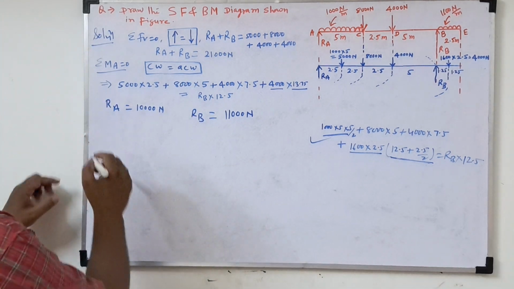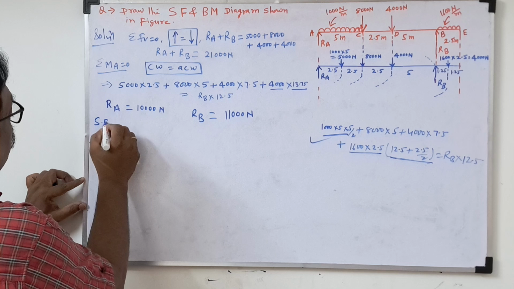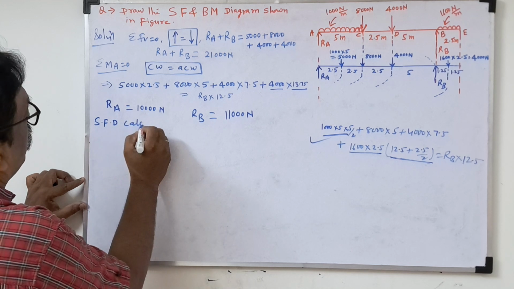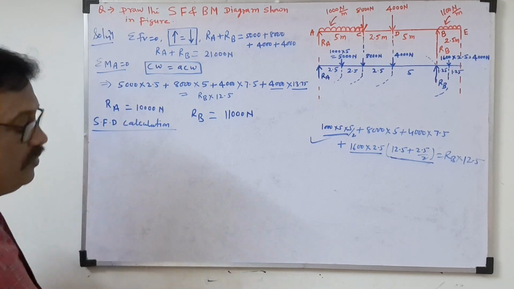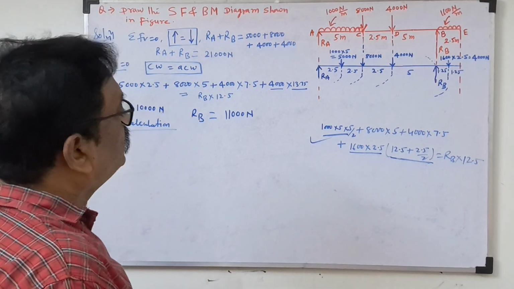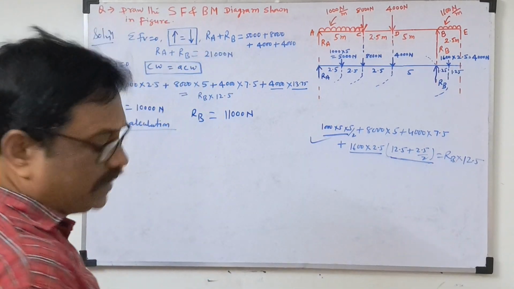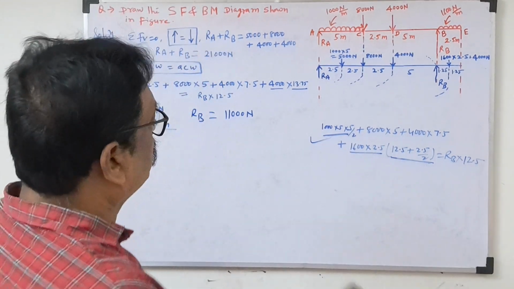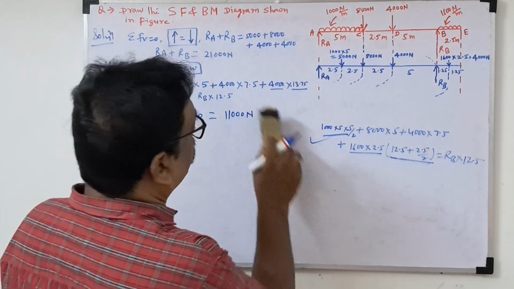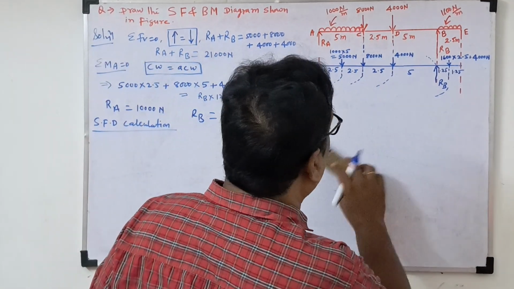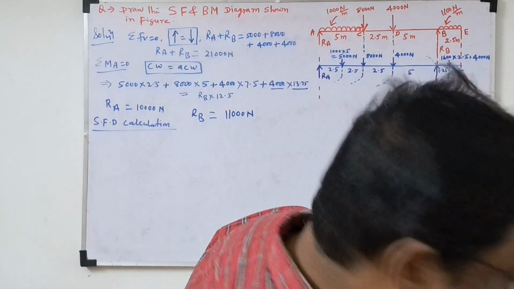Now we will go to the shear force calculation. Shear force diagram calculations, so carefully watch all the steps. What sign conventions will we follow? Now this I will rub out here.